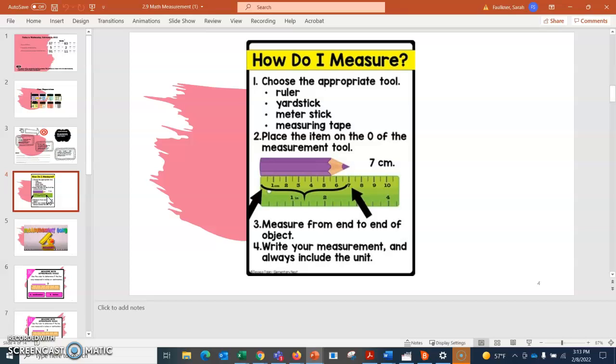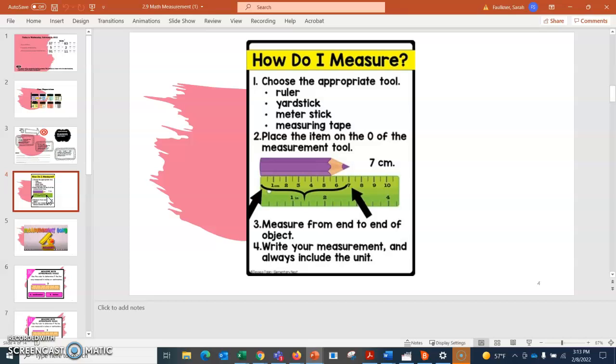Then if you're measuring something like you need to hem your pants, you want to make sure that you can measure the correct length of your pants, but your legs are not just straight lines. So a measuring tape would be a better tool to use for something like that. Or if you were measuring your waist, okay, because it could wrap around you.